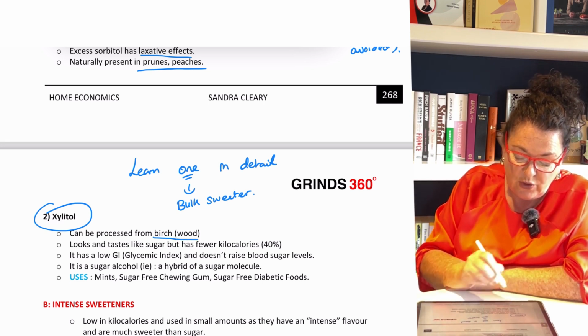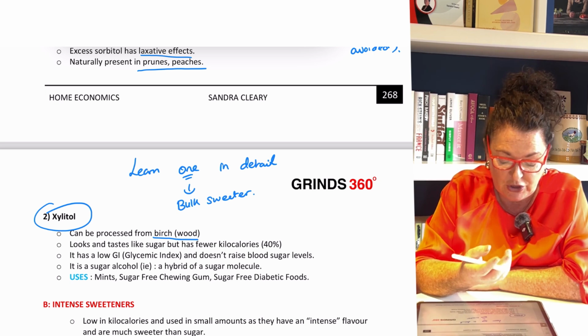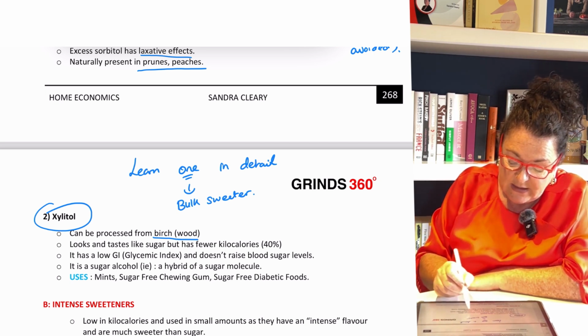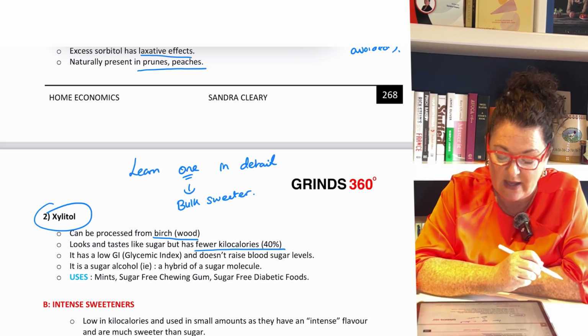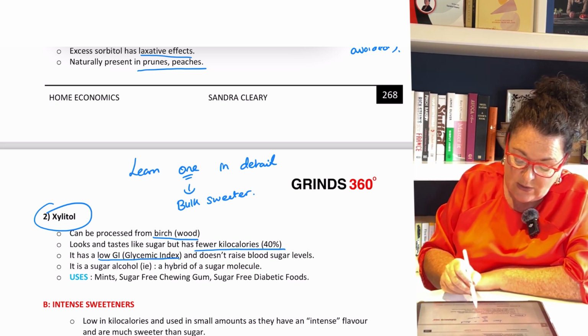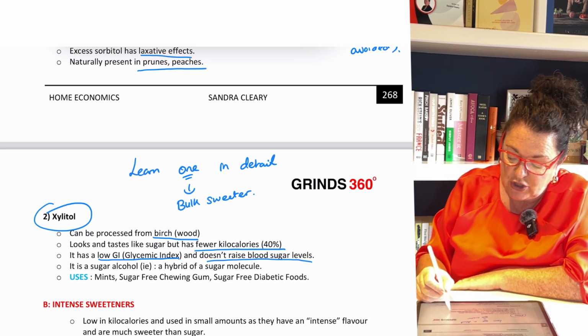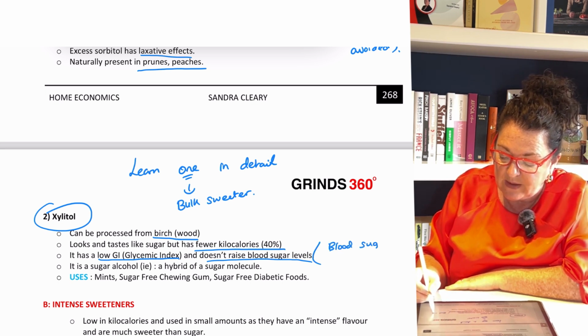What I think is very unusual is that it's made from the bark of the birch tree. It has 40% less kilocalories than normal sugar. It's got a low GI, so again does not raise blood sugar levels. We're going to say how blood sugar spikes are avoided.